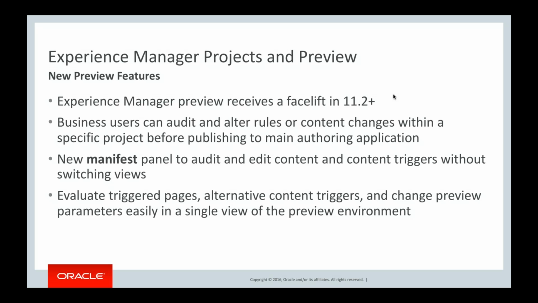So if you wanted content to appear for a specific user, you can enter that into the metadata and see if that information gets triggered. Or if you want content to be rendered at a specific time, you could enter that information into the metadata to find out what is triggered when you reach that time. So you can test your triggers, your rules, to see if they fire when you expect them to, and what is rendered.